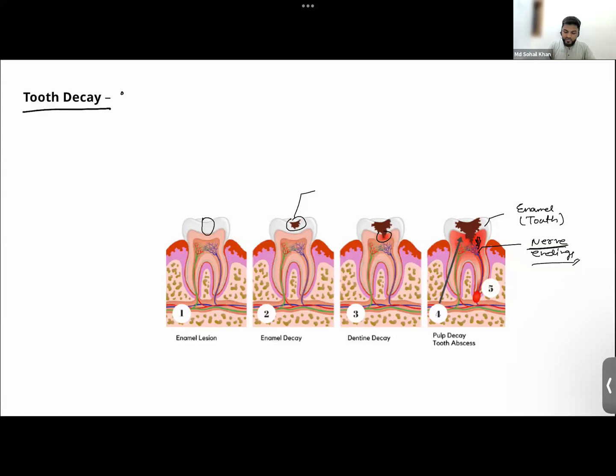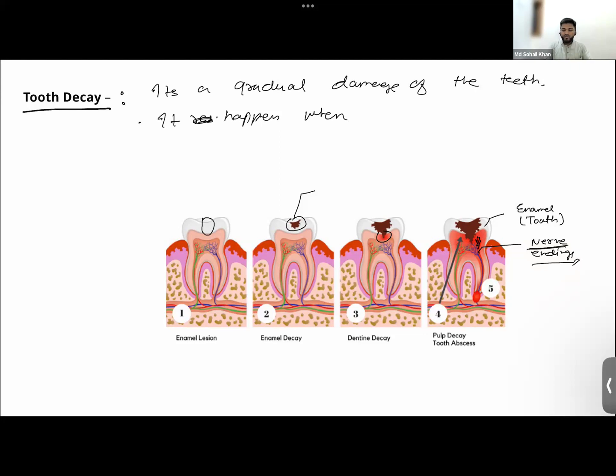So let's define it. It's a gradual damage of the teeth. It happens when food particles get stuck on the teeth and bacteria starts growing on it.